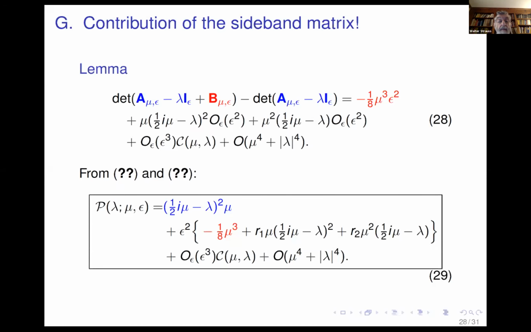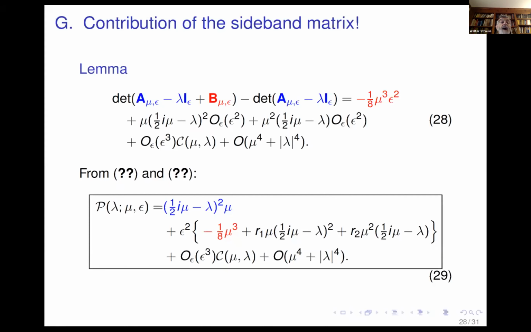So we have some error terms in the second line of 28, and then we have more error terms in the third line. Notice in the third line, you have epsilon cubed, which turns out we can basically ignore. And then we have mu to the fourth and lambda to the fourth, which we're going to basically ignore. But the other terms in the second line have this combination 1/2 I mu minus lambda in them.